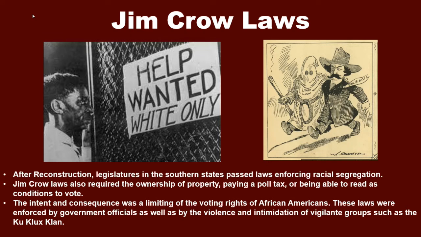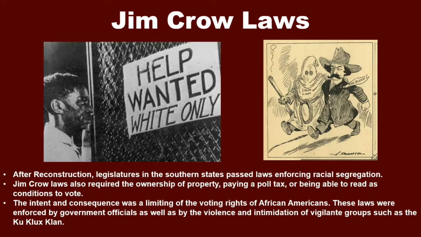And then another blow to the fight for civil rights are going to be the Jim Crow laws. So after Reconstruction, states in the South are going to pass laws that are going to enforce segregation and they're going to restrict those who can vote. So these Jim Crow laws will make it to where you can only vote if you own property, or if you pay a poll tax, or if you take a literacy test proving that you are able to read as a condition to vote.